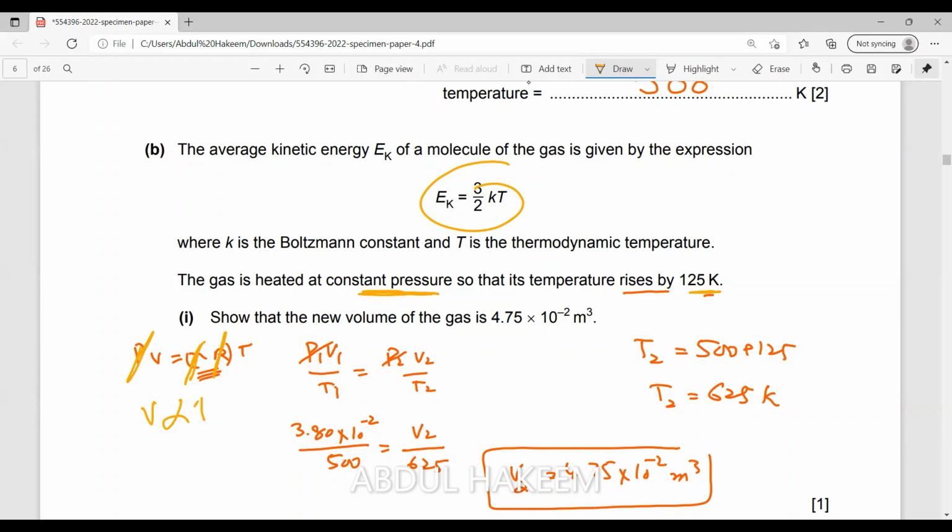So V directly proportional to T. So we can write V1 over T1 equals V2 over T2. Initial volume this. Initial temperature is calculated here, 500. Second volume required. And the second temperature, this is the increase, mean 500 plus 125, 625. And after calculation, this is proved.